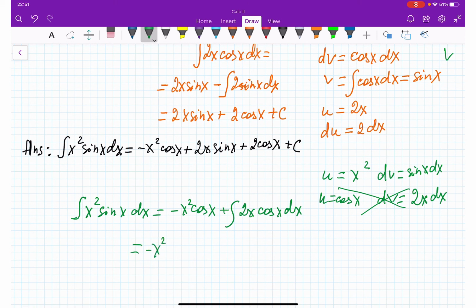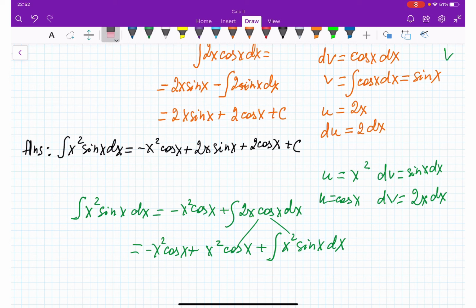Negative x squared cosine x plus cosine squared x squared cosine x, and then plus integral x squared sine x dx. So practically I broke this down to this using this substitution.